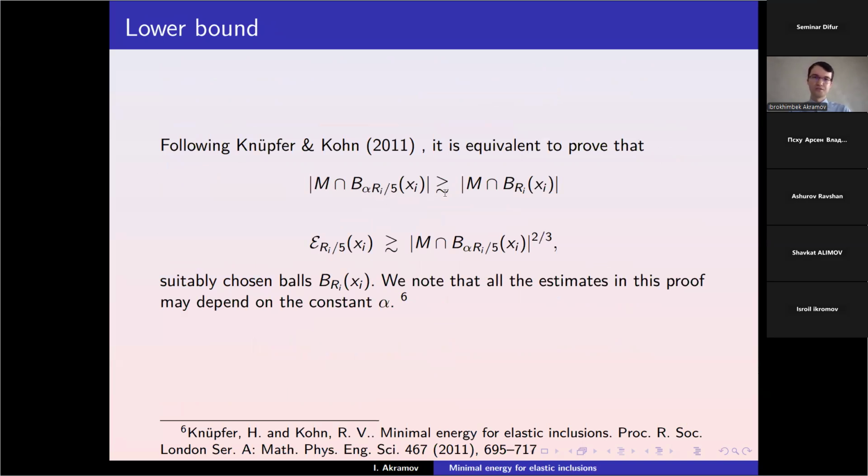The first one is that the measure of M intersected with B(alpha Ri/5, xi) is bounded below by the measure of M intersected with B(Ri, xi), while the energy over Ri/5, xi is bounded by the measure of M intersected with B(alpha Ri/5, xi) to the power of 2 over 3, for suitably chosen balls B(Ri, xi).